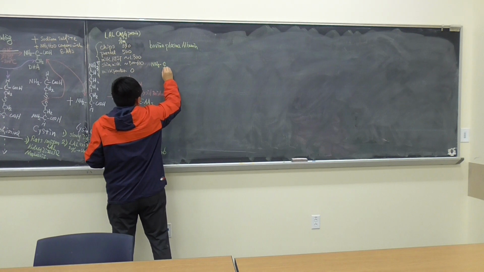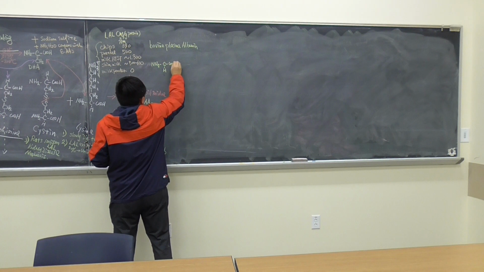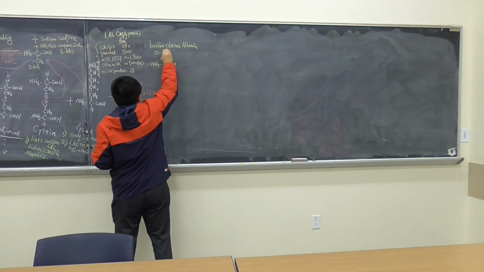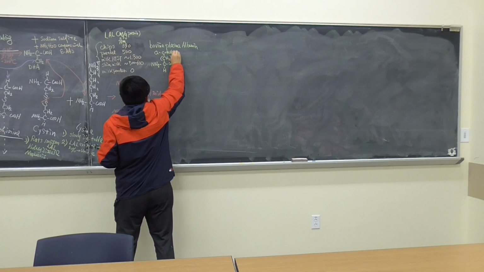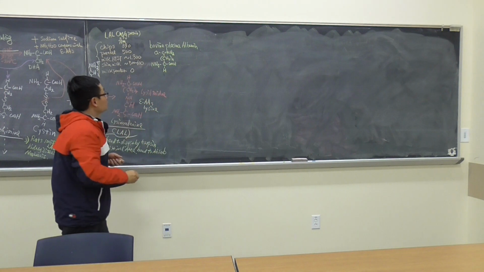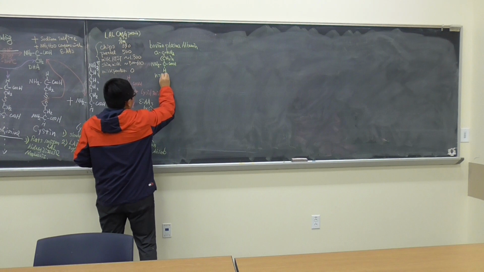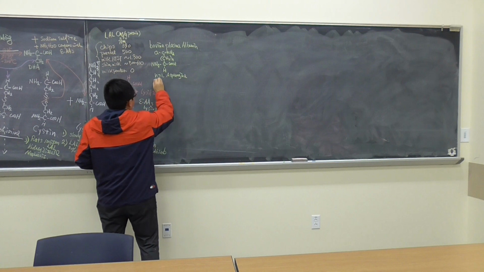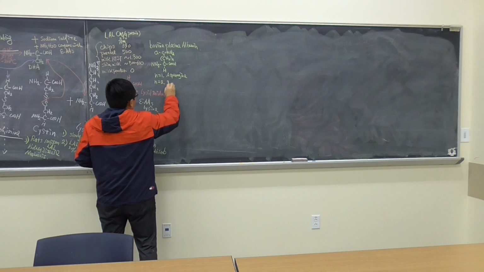If we drop the structure, CH2, we just write an N here. If this N equals 1, it is asparagine. If this N equals 2, this is glutamine.